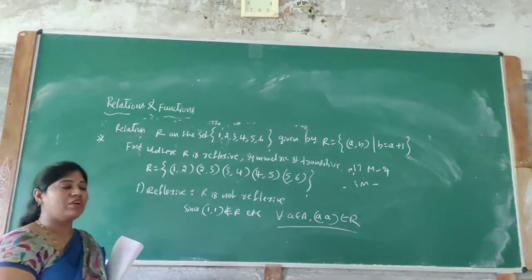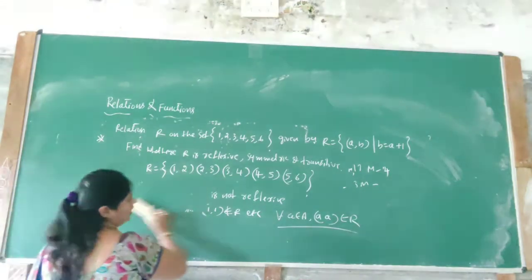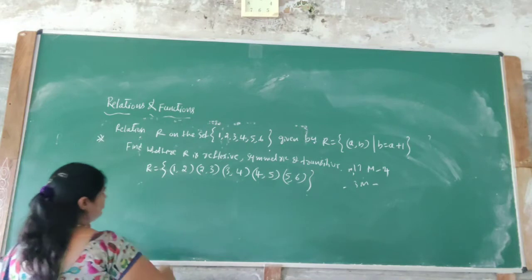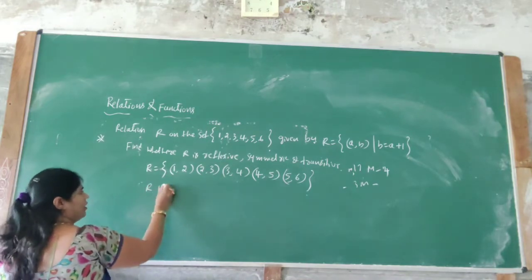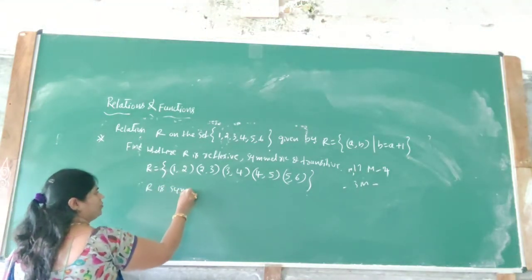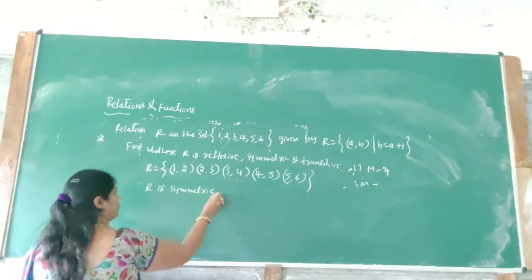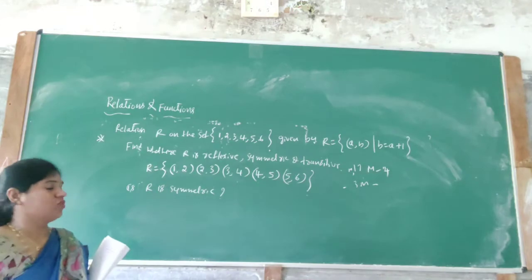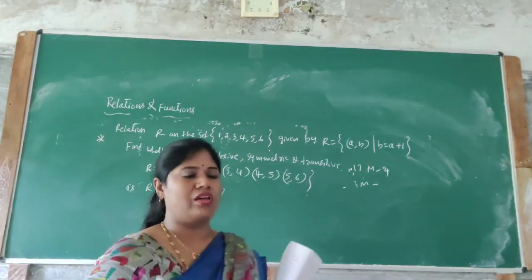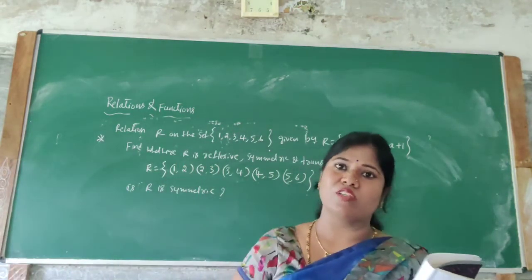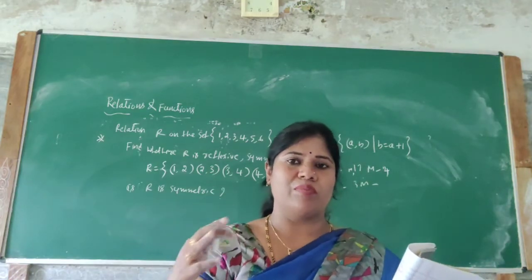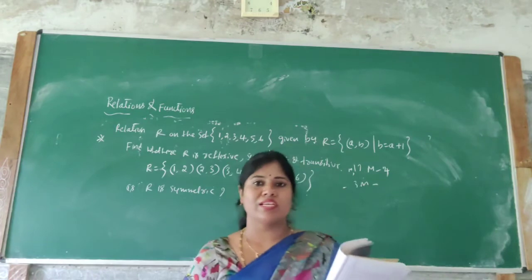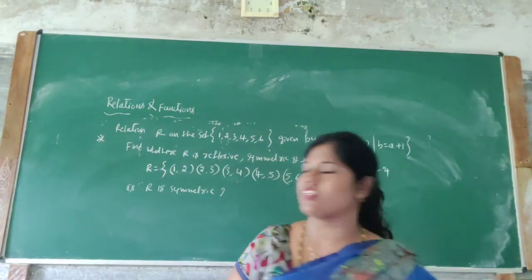Okay. Next, what we have to check? We have to check whether R is symmetric. Symmetric: if (a, b) belongs to R, implies (b, a) should also belong to R. Then only it is called a symmetric relation.